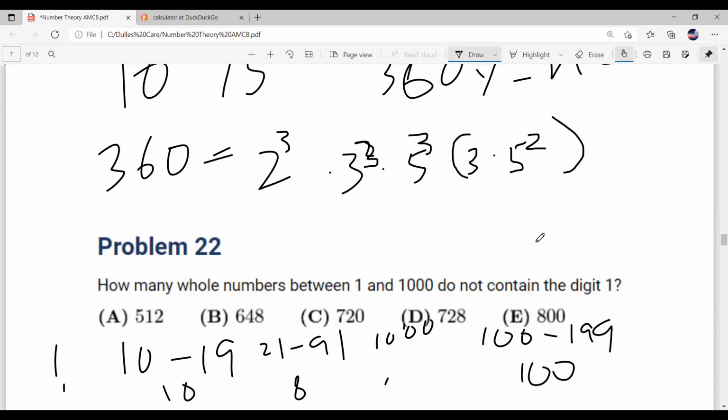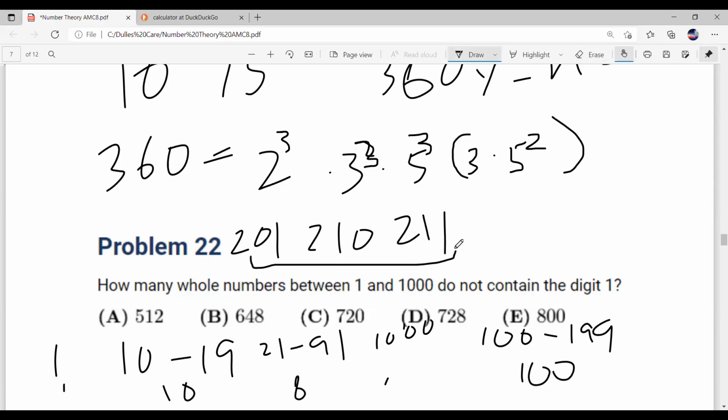And then we consider all the numbers that are like 201 or 210 or 211. So for this, essentially we have 1 plus 18.